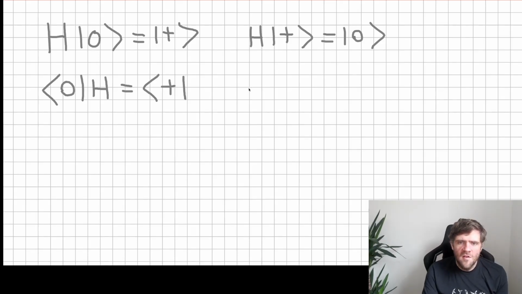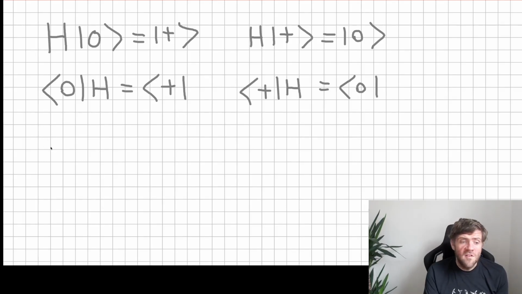And also for the H being applied to the plus state and giving us a 0. And I won't write them down, but H applied to minus gives us 1, and H applied to 1 gives us minus. Now this means that we can use H to transform different Paulis to each other.